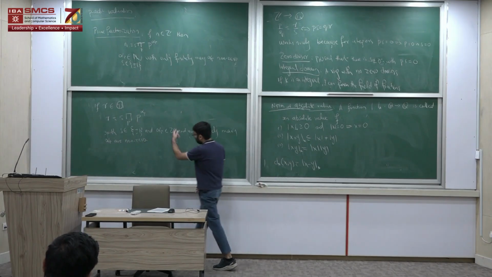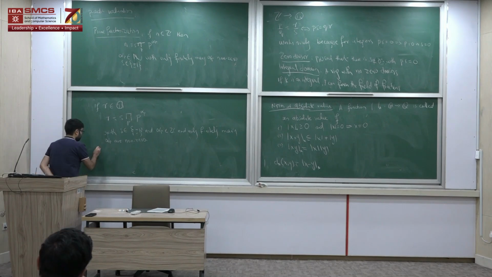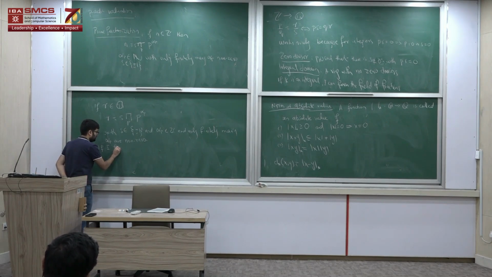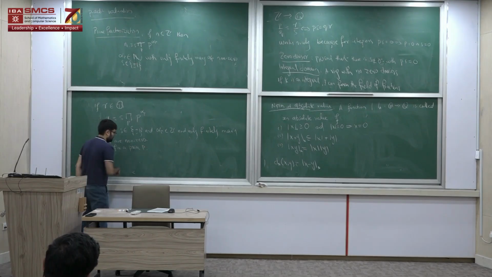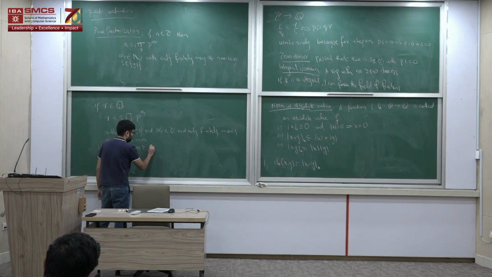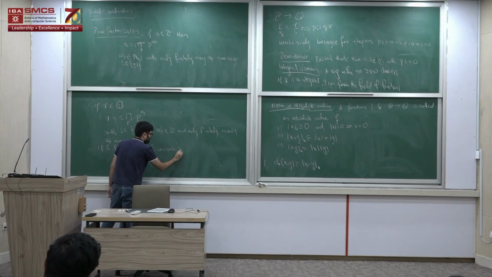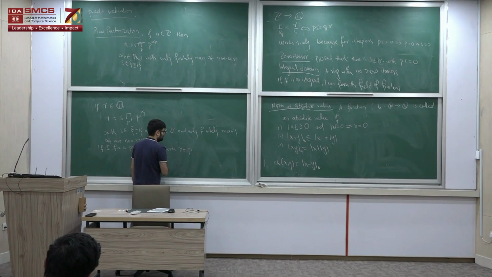A corollary of this fact is, if I fix a prime p, I can write r is equal to p to the alpha p times some other r tilde, and this r tilde has no factors of p.